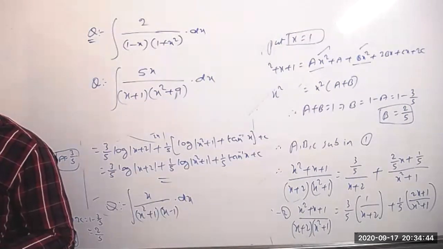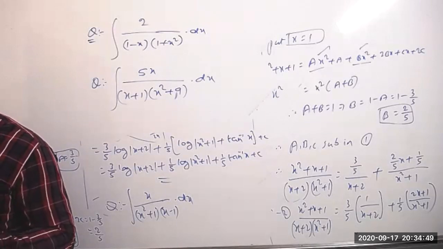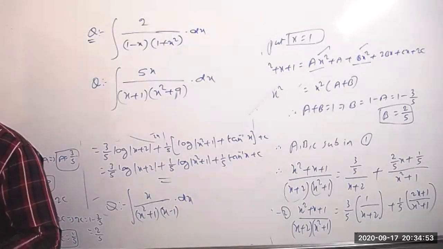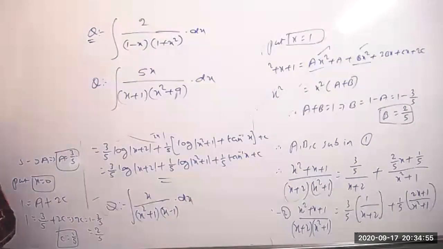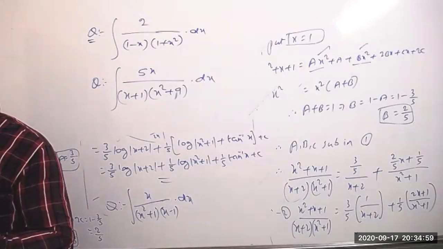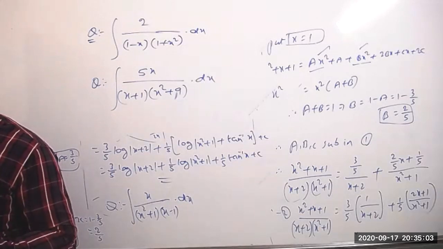Then what do we have to do? And the third, the denominator contains non-reducible functions. Then how to resolve into partial fractions? These are the three models in partial fractions. All of you should remember clearly, and you can solve it.